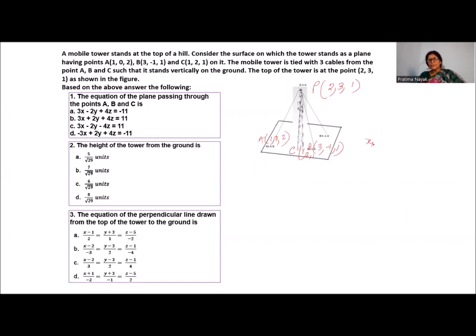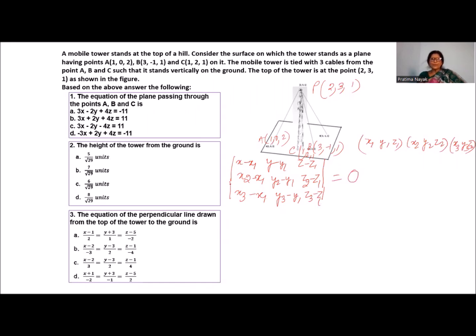If the points are (x1, y1, z1), the second is (x2, y2, z2), and the third point is (x3, y3, z3), then the equation of the plane is the determinant with first row x minus x1, y minus y1, z minus z1, second row x2 minus x1, y2 minus y1, z2 minus z1, and third row x3 minus x1, y3 minus y1, z3 minus z1, equal to 0. This is the equation of the plane.